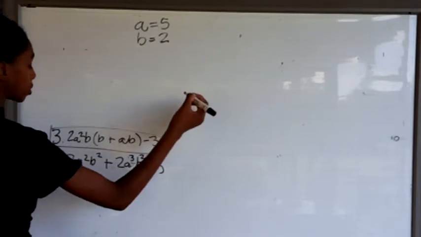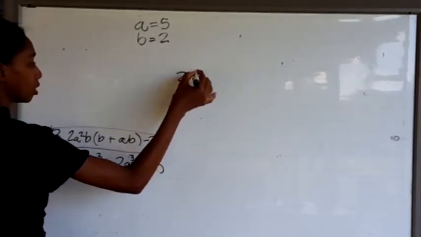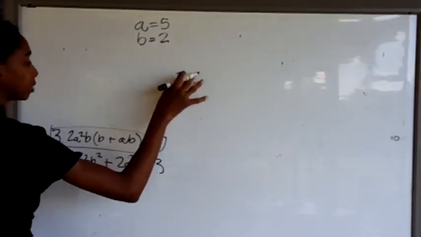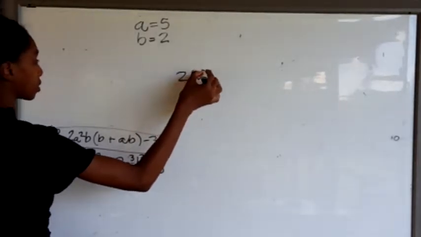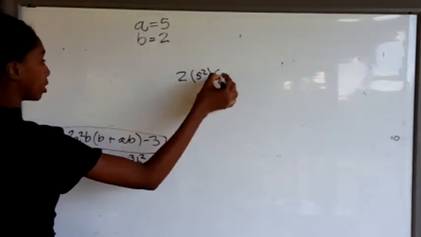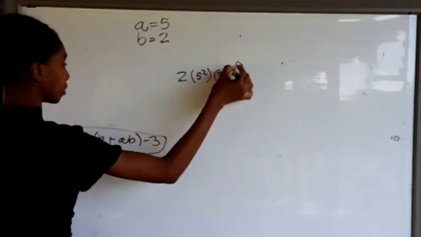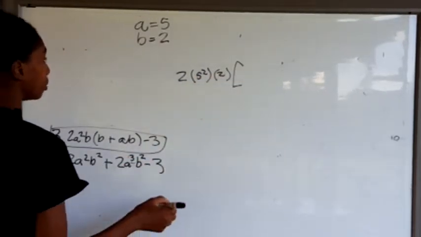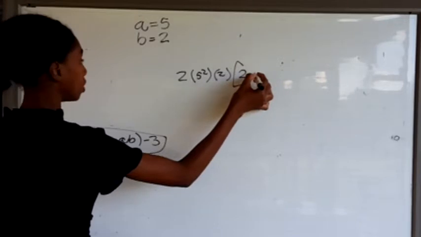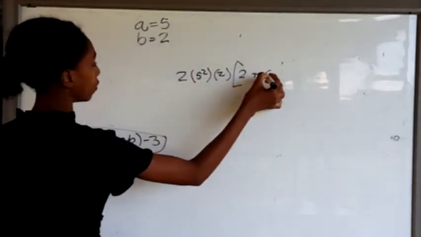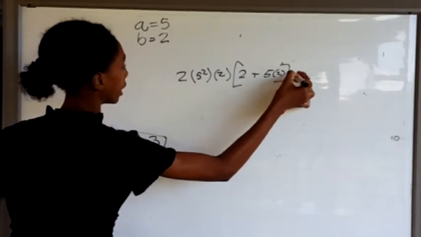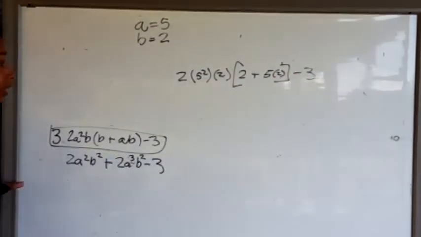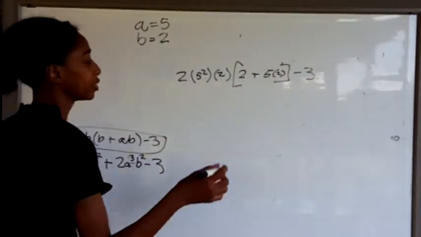So 2a squared b times b, which is 2 plus a times b, so 5 times 2, minus 3. Alright, so we're working out parentheses first.